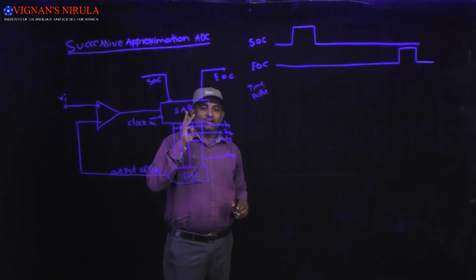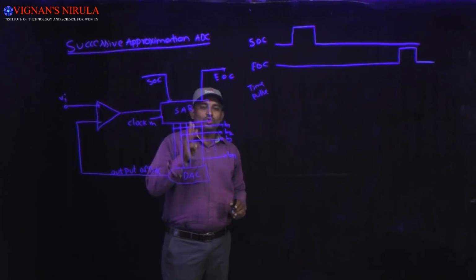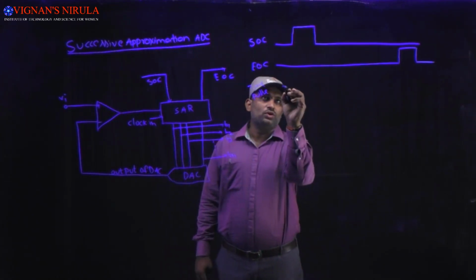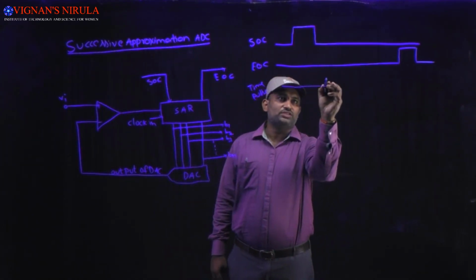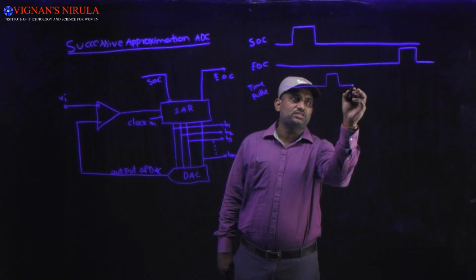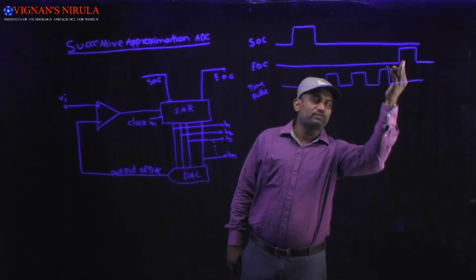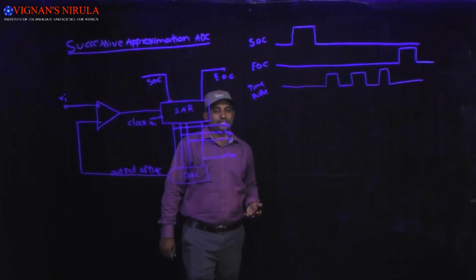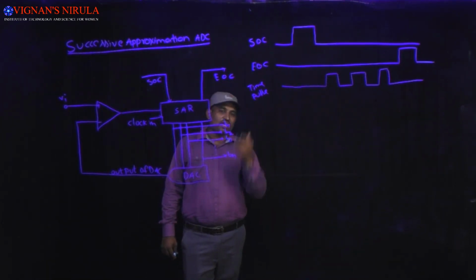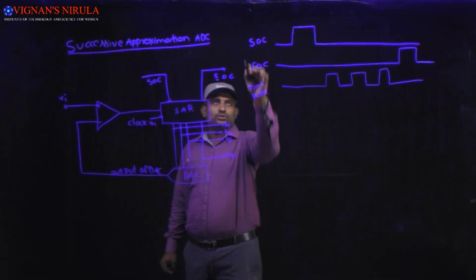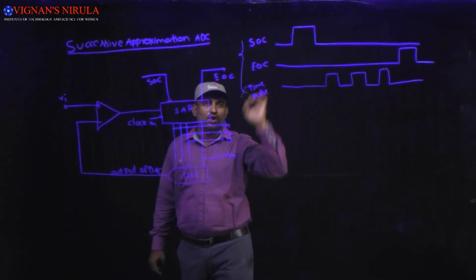For the searching of the binary code for the 3-bit value, we require 3 clock cycles. So here I am considering 3 clock cycles, 1, 2 and 3. After that, EOC is activated. That indicates the end of conversion has happened. For that we are going to take these three waveforms.